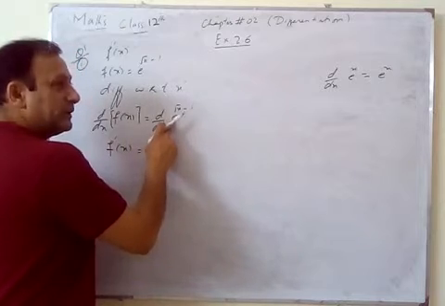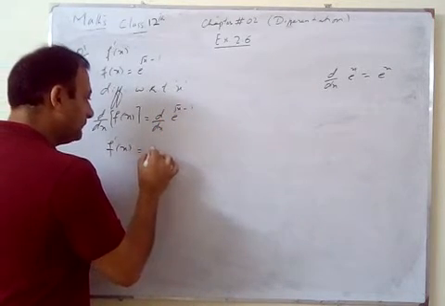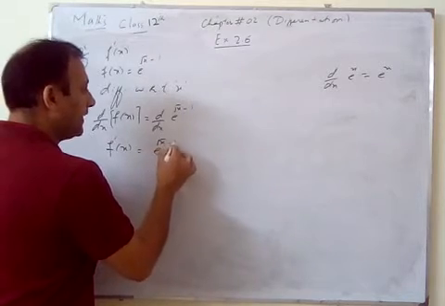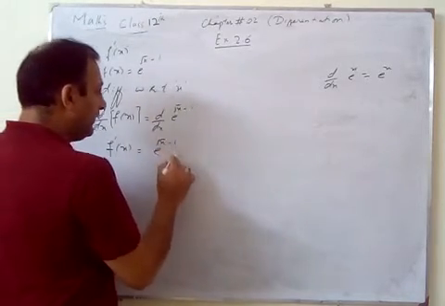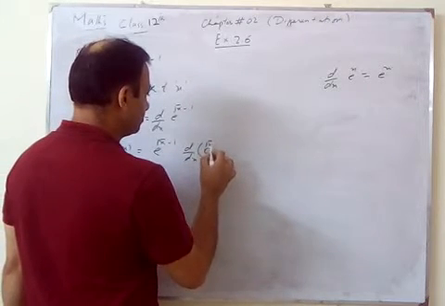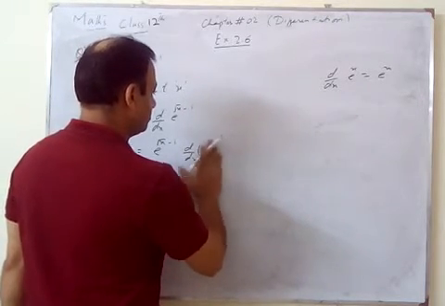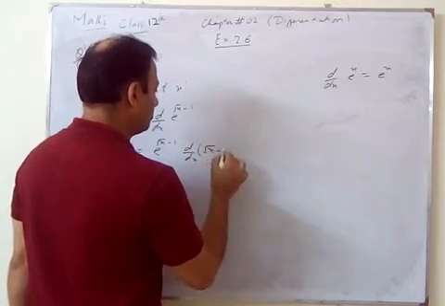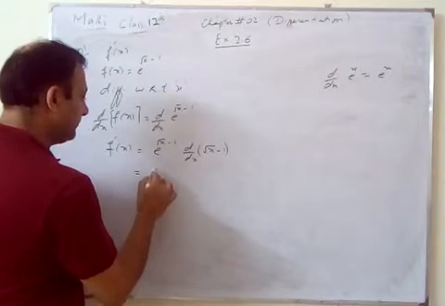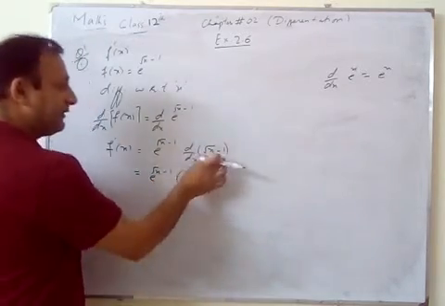So the derivative of the exponential function is this one, e power square root of x minus 1. But again we differentiate its power. This value remains the same as it is, and we differentiate this one.